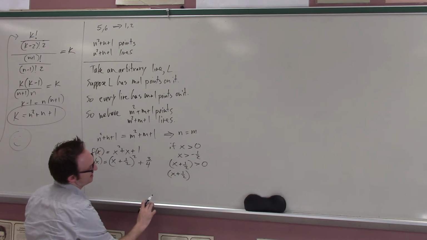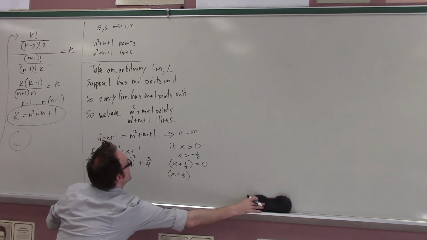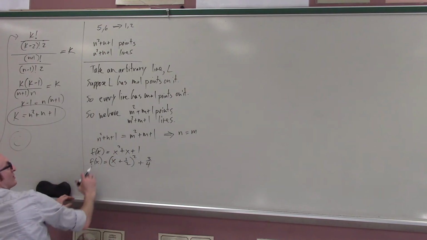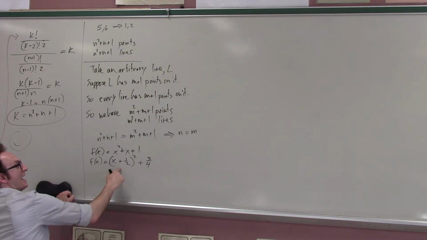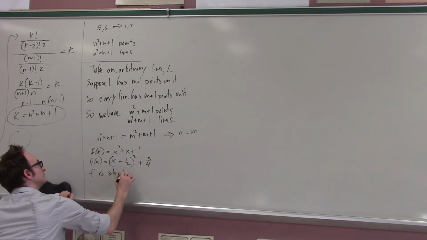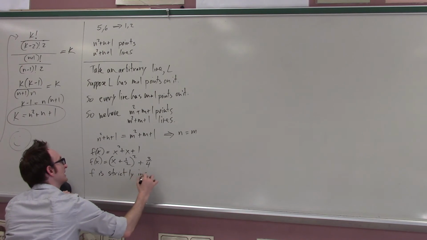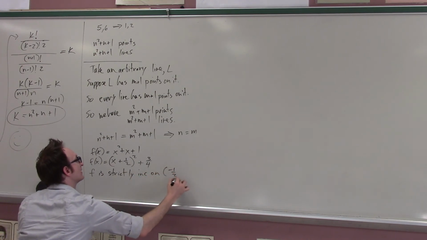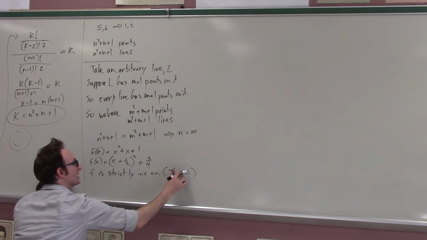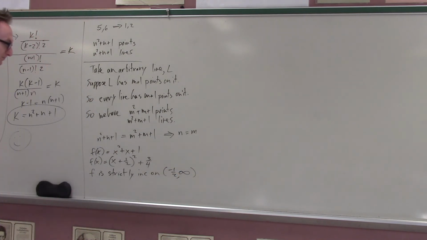Well, never mind all this. Basically, either using calculus or a little bit of arithmetic, I can show that f is strictly increasing on the interval -1/2 to infinity. And so this quadratic function is strictly increasing, and therefore it's 1 to 1.